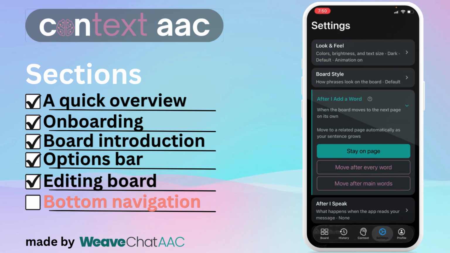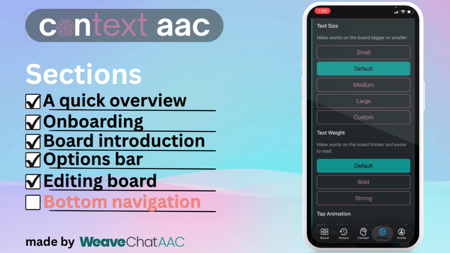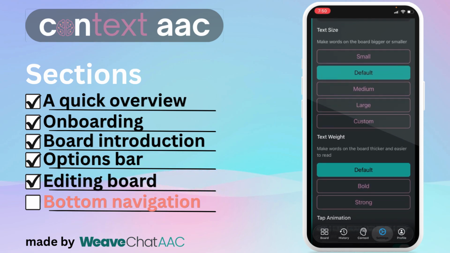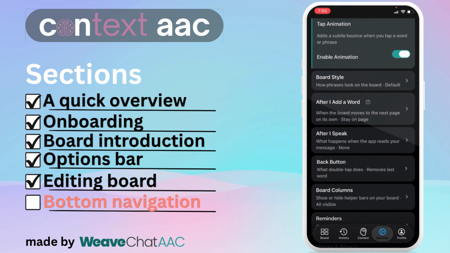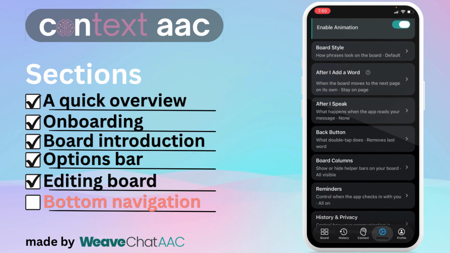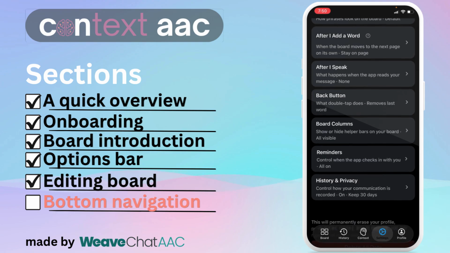Next is settings. Settings is some of what you went through in onboarding, but has additional customizations. There's lots of different sections you might want to peruse around here in order to customize your board uniquely for you so that it works best for you.